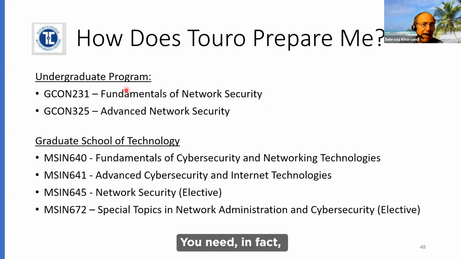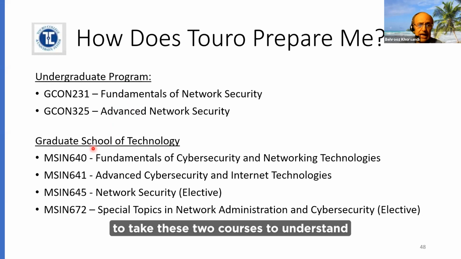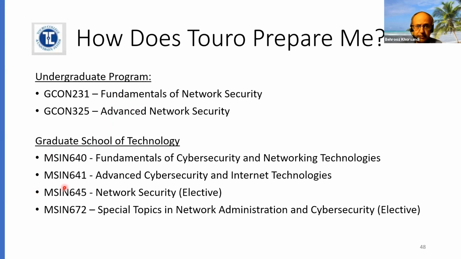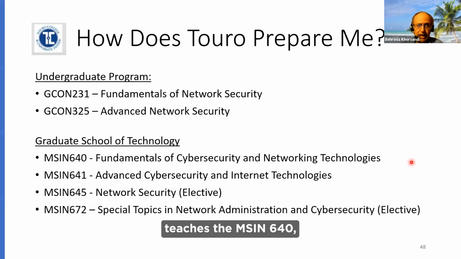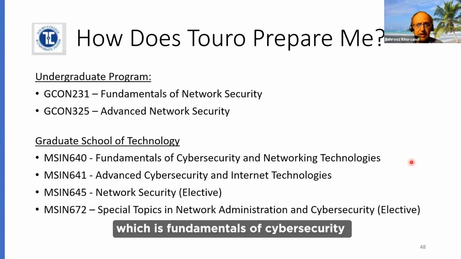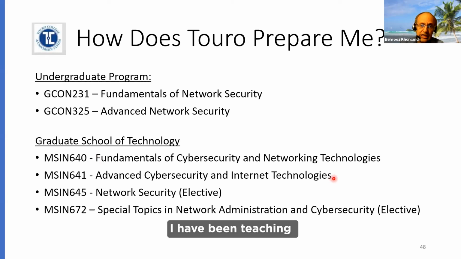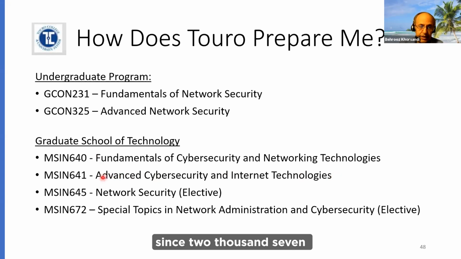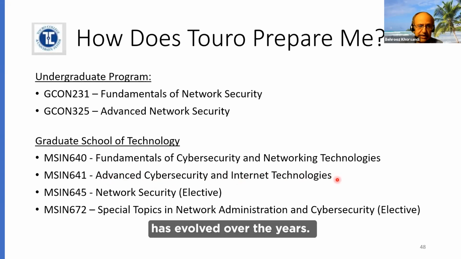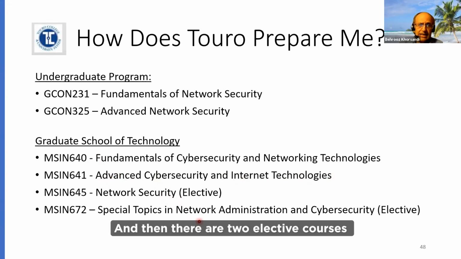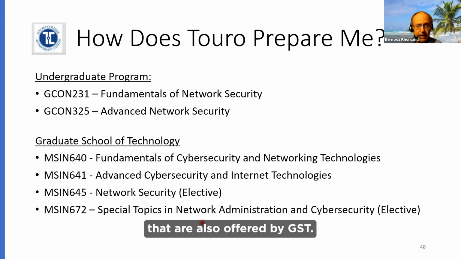You need to take these 2 courses to understand the more advanced courses. Professor Herbst teaches MSIS 640, which is Fundamentals of Cybersecurity and Networking Technologies. I have been teaching this course since 2007, and it has evolved over the years. And then there are 2 elective courses that are also offered by GST.